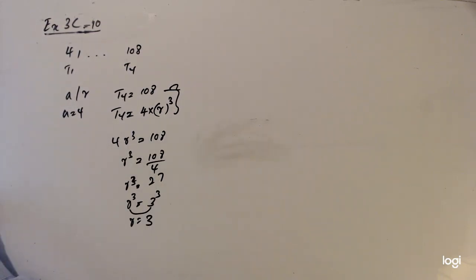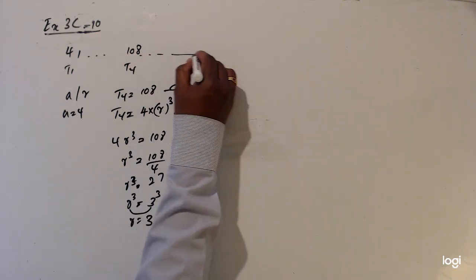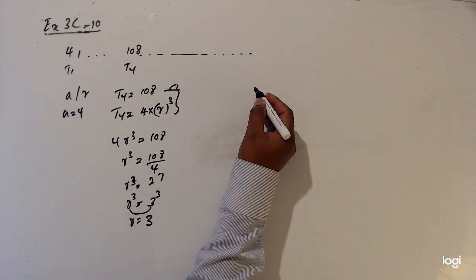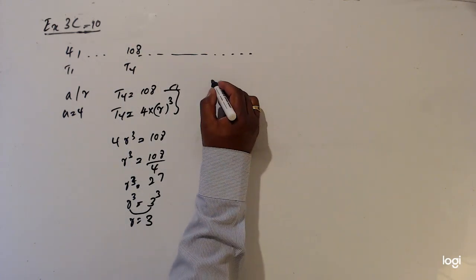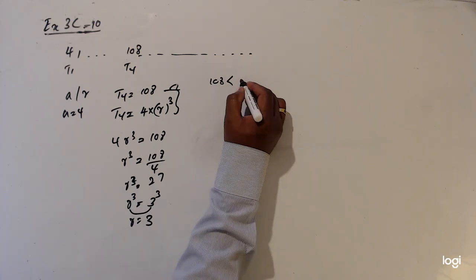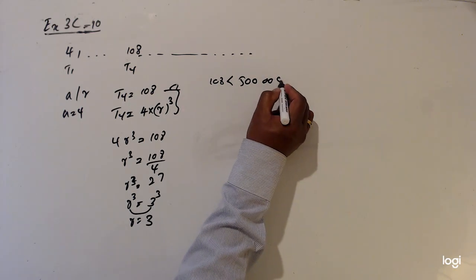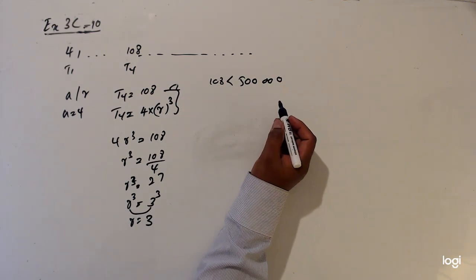Now the question is, find the smallest value of k for which the term in this sequence exceeds 500,000. So in this sequence, 108 does not exceed 500,000, it is less than.